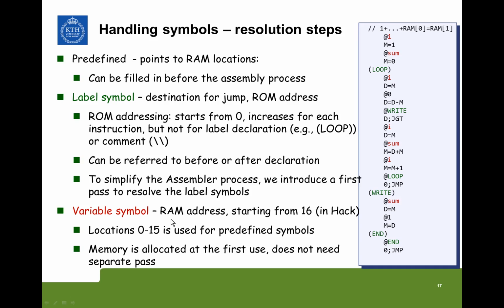Variable symbols are RAM addresses, and it is agreed in Hack that these symbols get RAM addresses sequentially as they appear in the program, starting from 16, as the first 0 to 15 locations are used for predefined symbols. This memory will be allocated when the symbol is first used, during the main assembler pass.